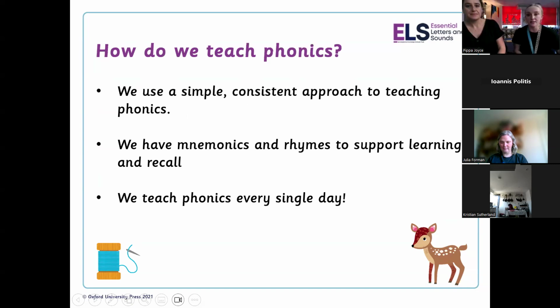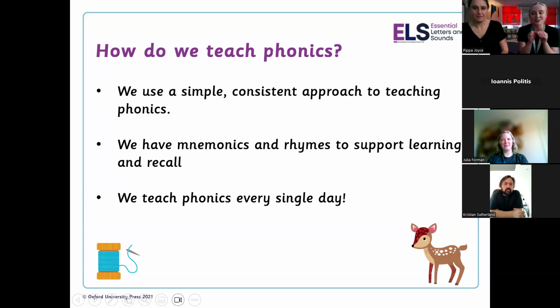So we teach phonics every day. We tend to do it in the morning while they're fresh. And it's a little program each day that we follow. It's routine, isn't it? So we have little rhymes, and I can never say the word mnemonic. I can't say it. To help the children remember it, and you'll see those on the copy from home.